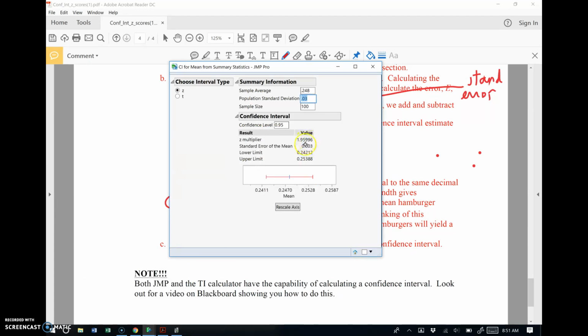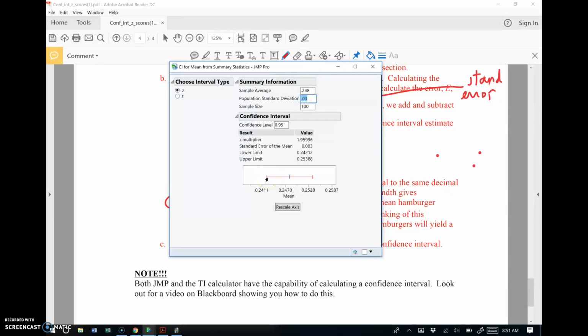It adds and subtracts that error to the 0.248. That's what opens up this interval, and then it shows you the interval. This blue line represents the 0.248 plus the error, which gets you to the 0.25388 number. Subtract the error, and it gets you backwards over here to the 0.24212 number.